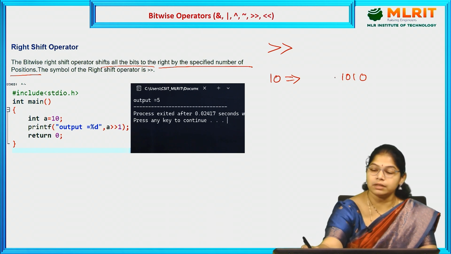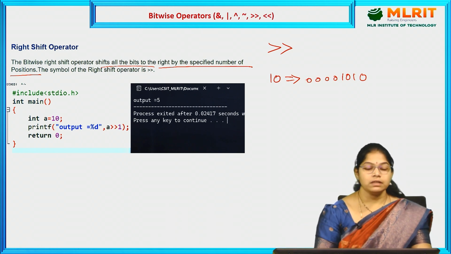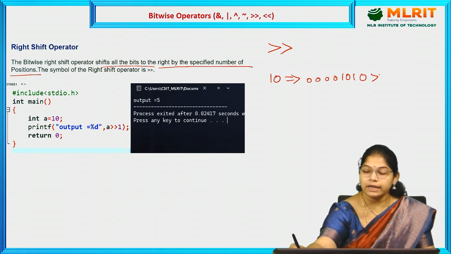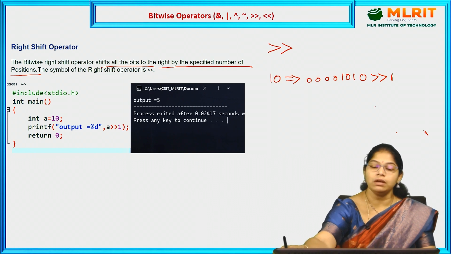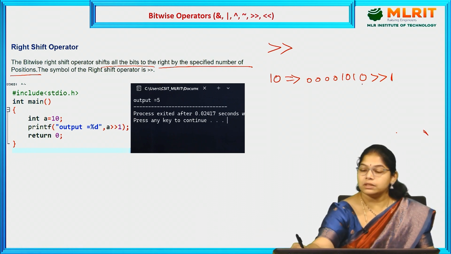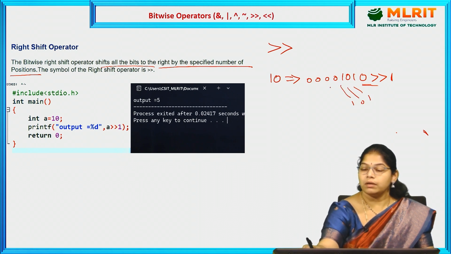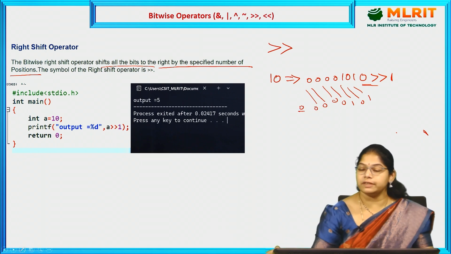Consider an 8-bit value. That means the remaining 4 bits are filled with zeros. It is right shift 1, which means it has to be shifted to its position by 1. So this 1 bit gets discarded. Then 1, 0, 1, 0, 0, 0, and the remaining position is filled with zeros.